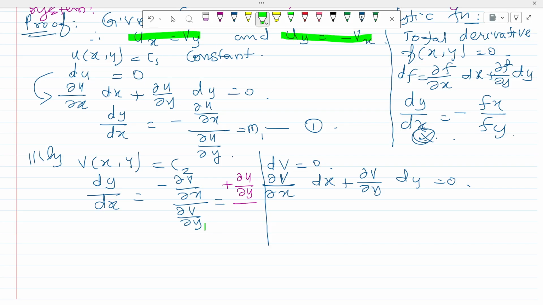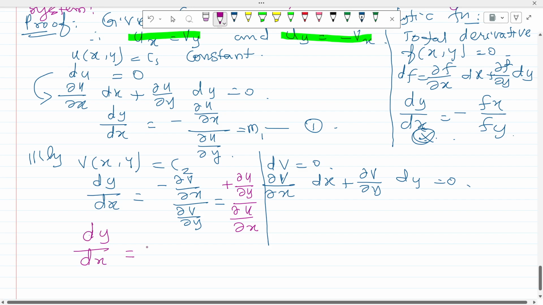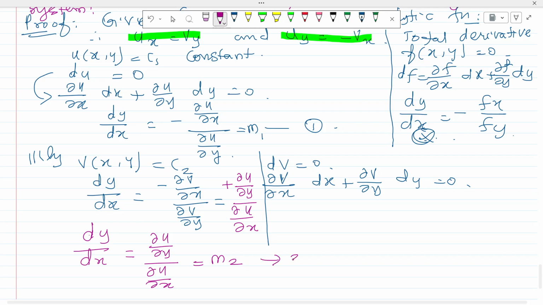So what is Vy here? Dou v by dou y is dou u by dou x. Therefore, once again we can write dy by dx equal to dou u by dou y divided by dou u by dou x. You can take this as m2. It is equation number 2.